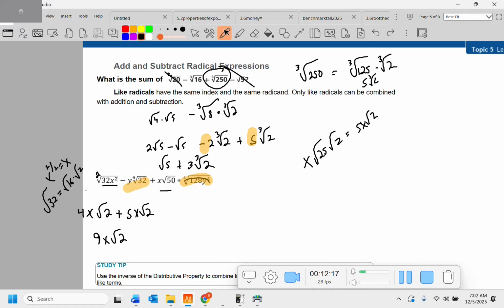Okay, so 32 is going to be 2 to what power? The fifth. We have a negative y times the fourth root of 2 to the fifth. And 128 is 2 to the 7th. So plus the fourth root of 2 to the 7th, y to the 4th.